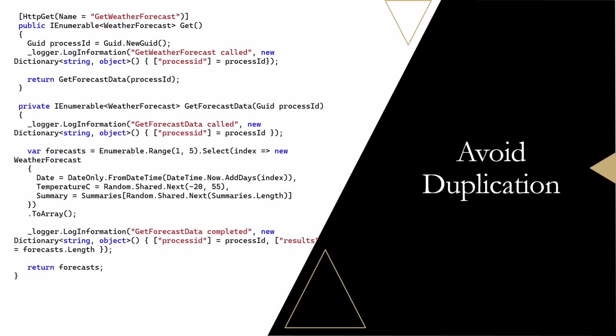If you've got something that's logging that a process was called, you don't want something lower down logging that as well, logging the same thing over and over again. So pay attention to what your code is doing. Pay attention especially to what it's logging, and make sure that you're not duplicating that logic.